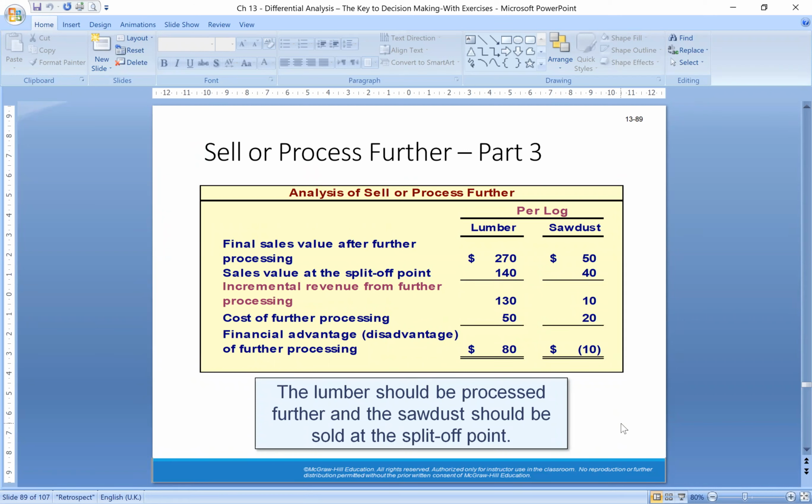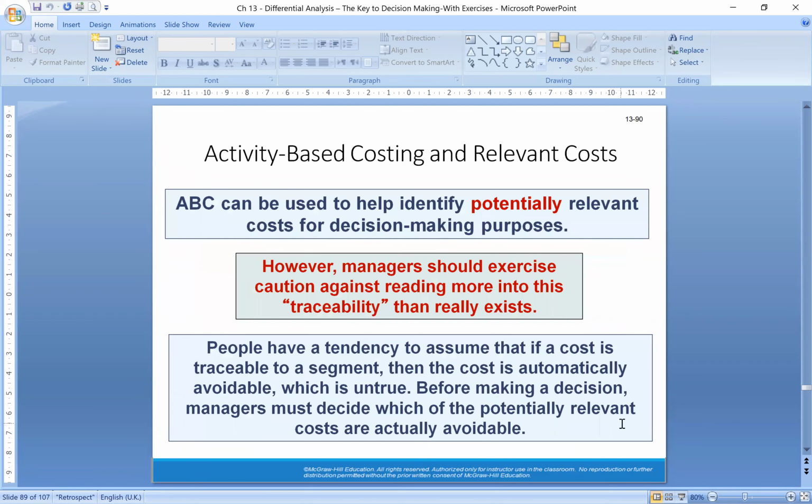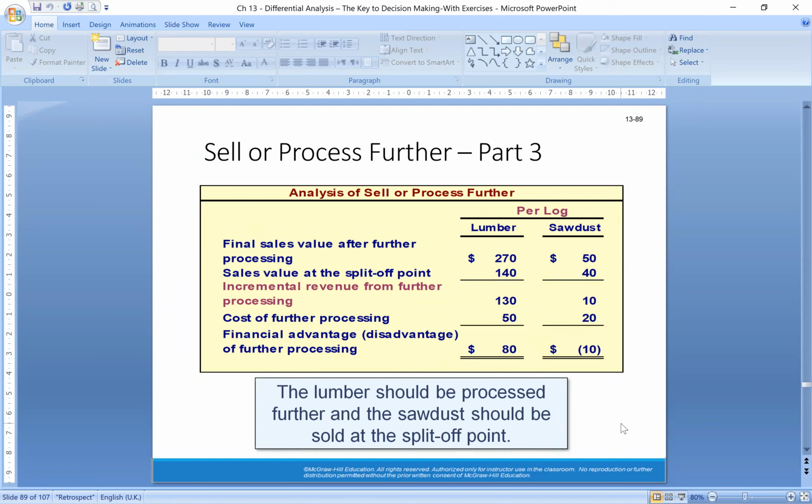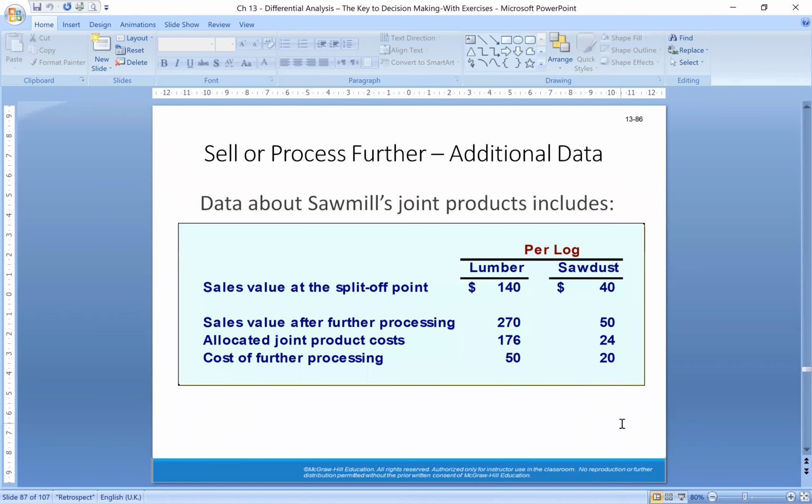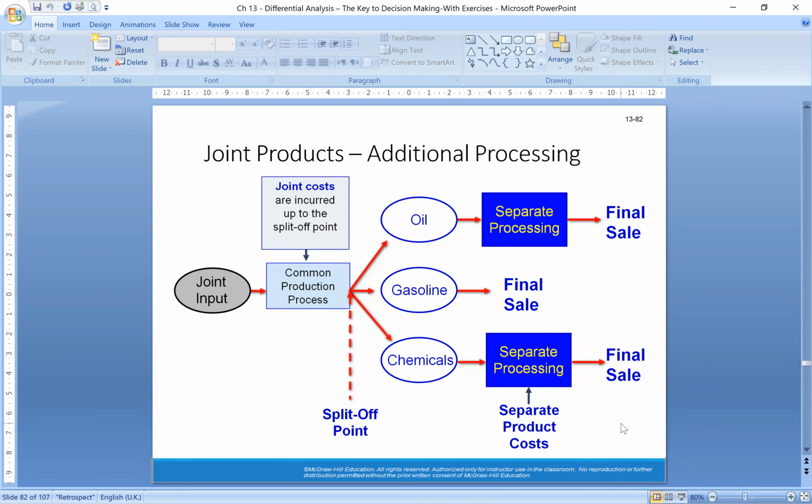Again, the summary for this topic, the summary for process further or split-off. Go back to the graph, much better for this topic. Now, for an example, the oil again.